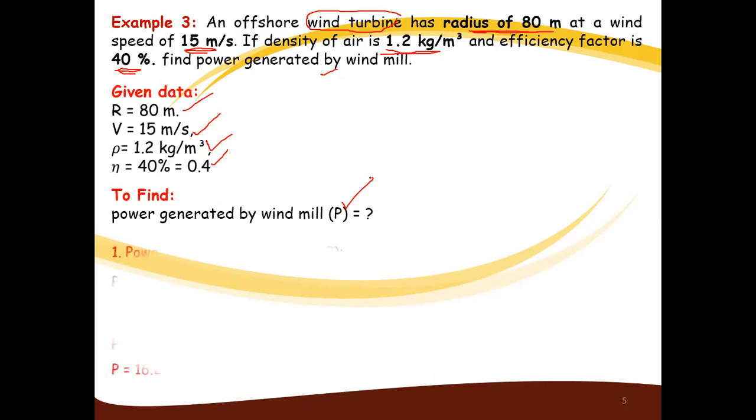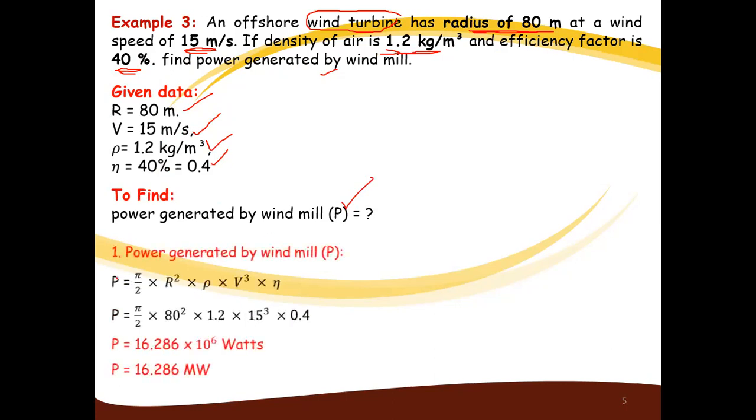Its main formula, the power generated by windmill, P is equal to pi by 2 r square, or we can say pi by 4 into d square. It can be taken as anything. So it is pi by 2 into r square into rho into velocity cube, v cube, into efficiency.